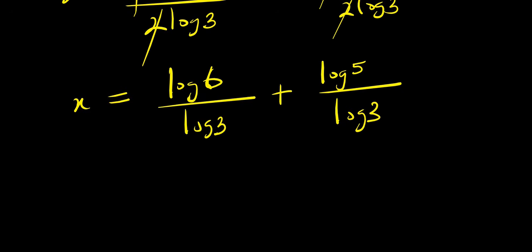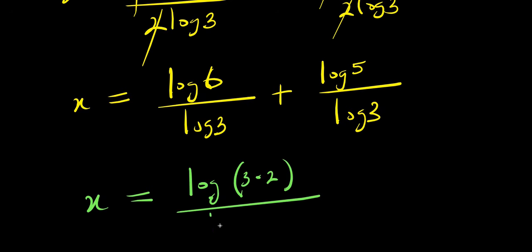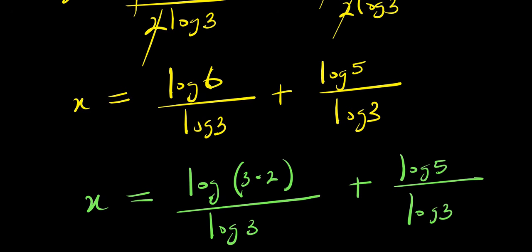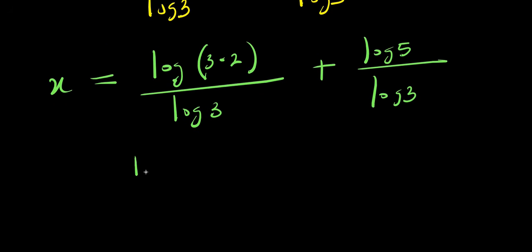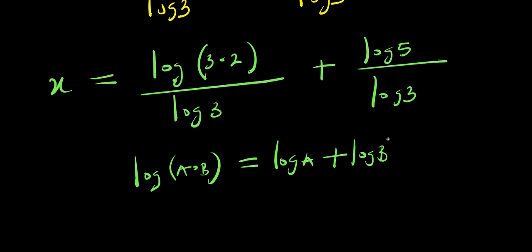I can also express this as x equals log 6, which is log 3 times 2, divided by log 3, plus log 5 divided by log 3. And remember, log a times b equals log a plus log b.